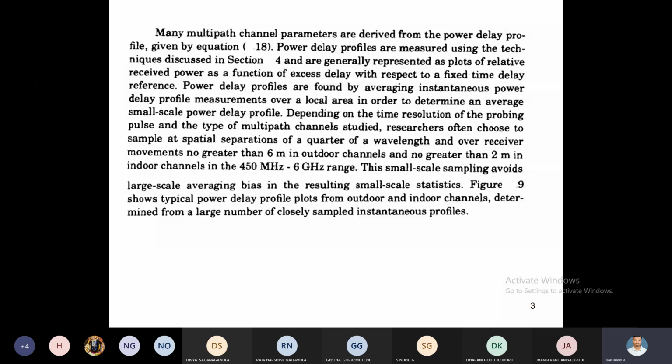This power delay profile is generally represented as a plot of relative received power as a function of excess delay with respect to a fixed time delay reference. What is the difference between excess delay and fixed time delay? Let's take a real-time example.